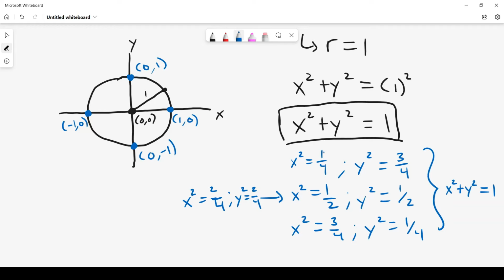It makes it easier to go from 1/4 to 2/4 to 3/4. And in y squared, you're going from 3/4 to 2/4 to 1/4. In fact, I'm just going to write this here. It is a nicer pattern to think about. And so we can say that this is 2/4, a half. This is also 2/4, a half.